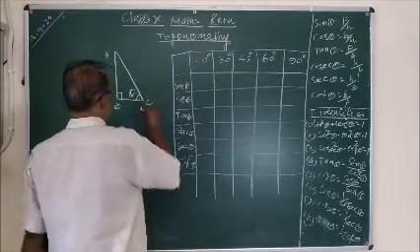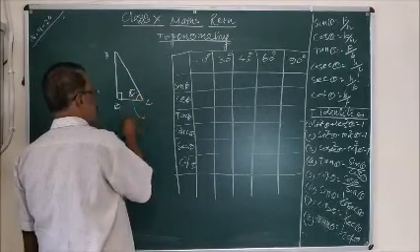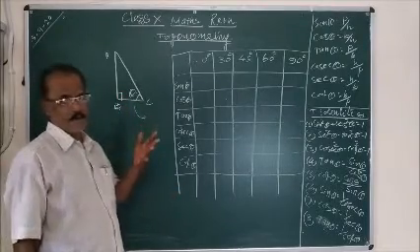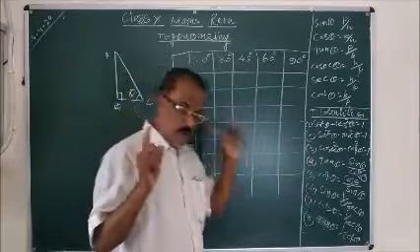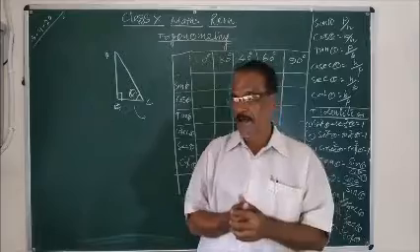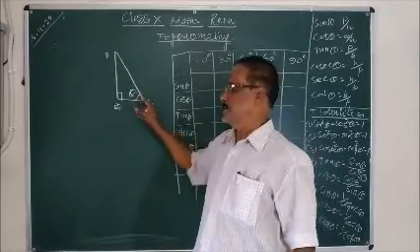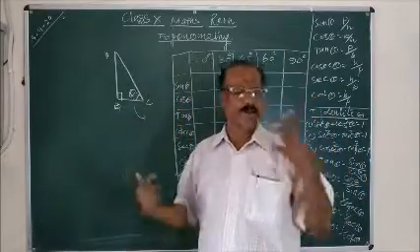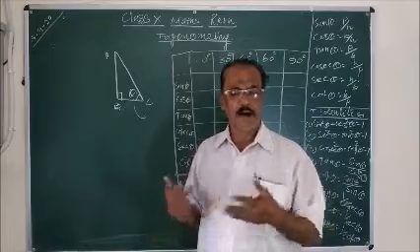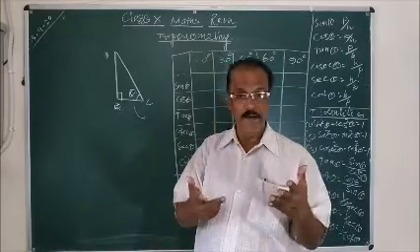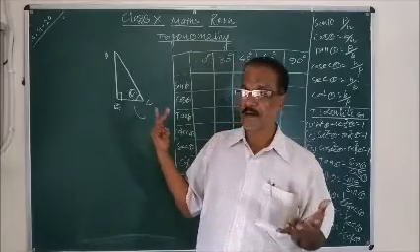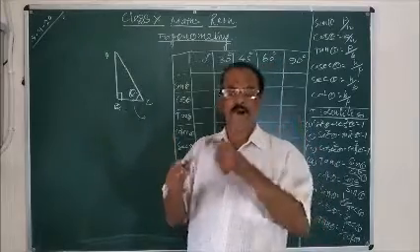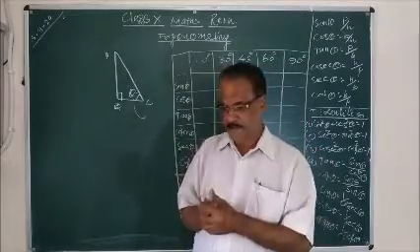So the most important part: for the angle you are considering, the side opposite to that angle is the perpendicular. If you are considering theta here, theta is a symbol used in mathematics. Many symbols we use in mathematics: alpha, beta, gamma, theta, pi, phi, psi, omega, delta, mu, etc. These symbols are frequently used in mathematics and also in physics.